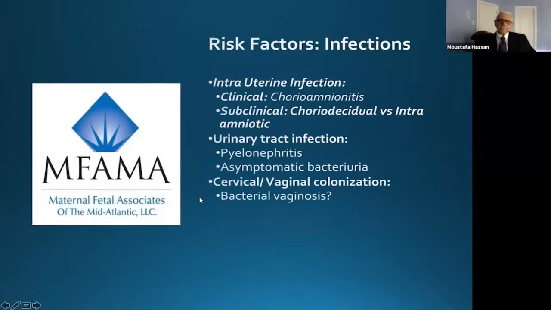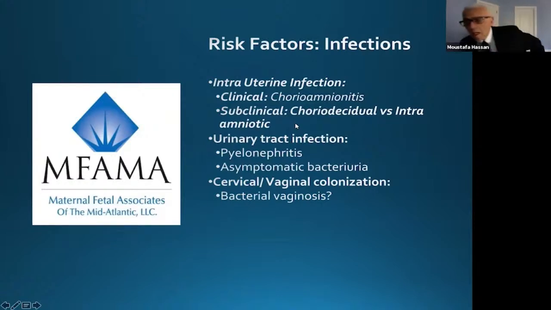Now, infection. This is your worst enemy here, as you're going to learn in a few minutes. First, there is intrauterine infection, clinical, which we are all familiar with, such as chorioamnionitis. Subclinical is the one that really causes the preterm labor.